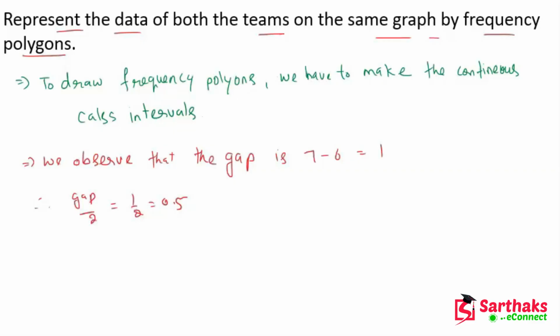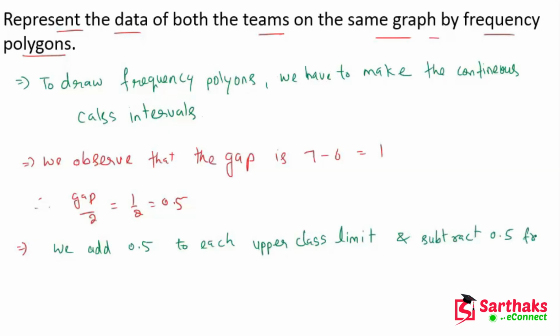It means we have to add 0.5 to each upper class limit and subtract 0.5 from each lower class limit, to make the class intervals continuous.